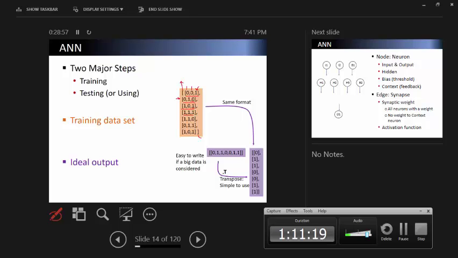This one biased, that is wrong. This one biased, but that is correct. This is correct, and this is correct so far. This is correct, and this is correct. So in the training set, this is a real training set, right? Some input data and bias.